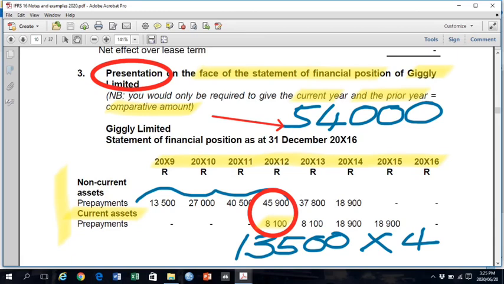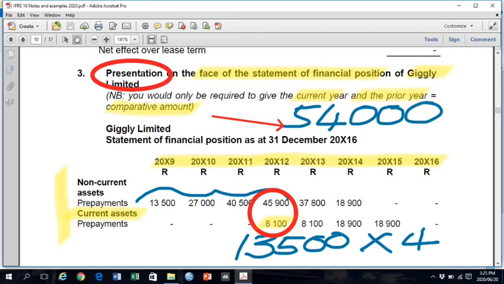The guidance provided in IAS 1 for determining the current portion relates to how much of that balance at year end which you are trying to present will show movement out of that account in the opposite direction of the year end balance within the next 12 months.